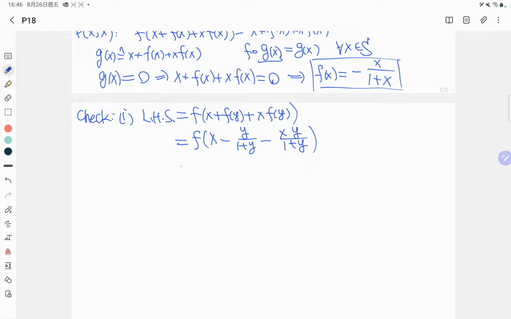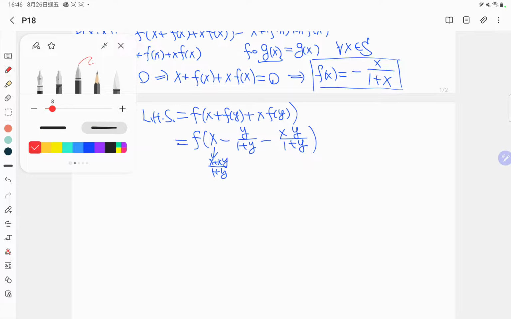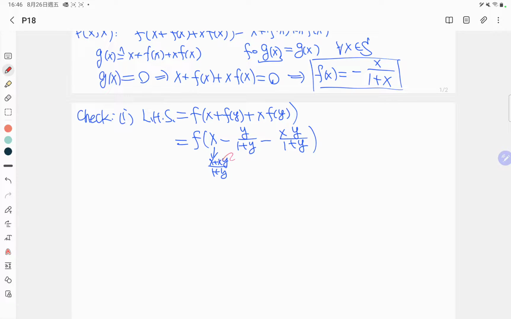We can do some simplification: this is like 1 plus y, and then we have x plus xy. We can do some cancellation, and it turns out to be f of (x minus y over 1 plus y).